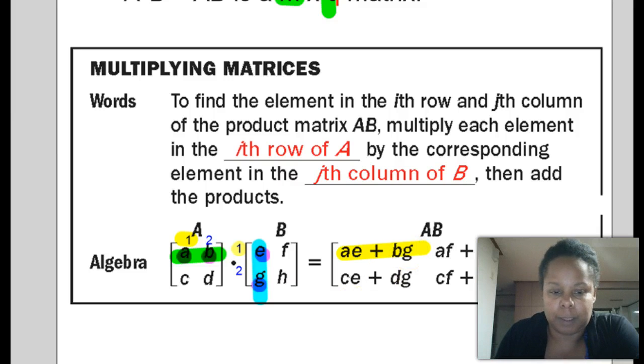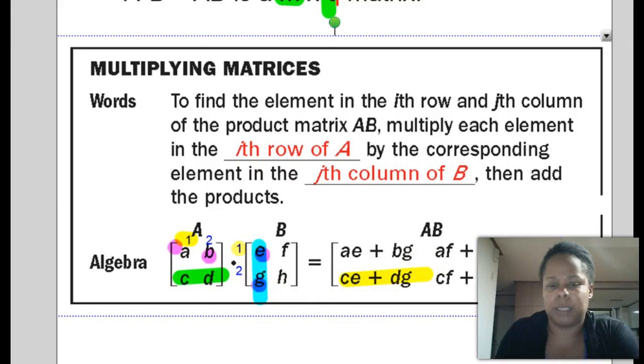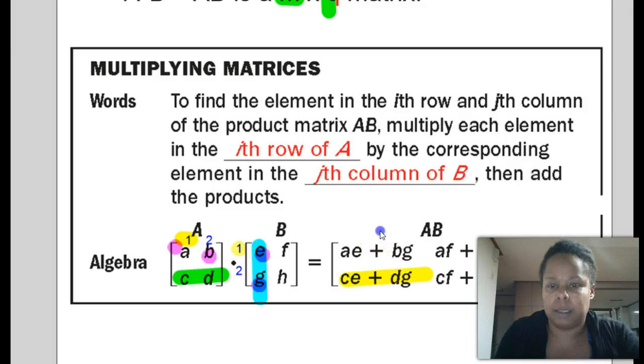Okay? That's the process. To figure out the next term in the matrix, in this case, this is the second row, but the first column. So I use the second row of the first matrix times the first column of the second matrix. So this one was the first row, first column.